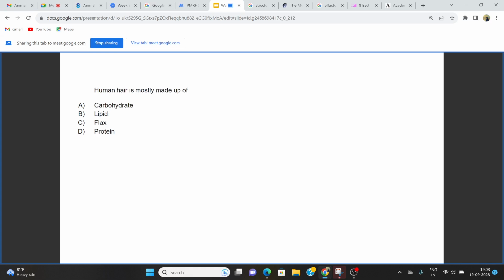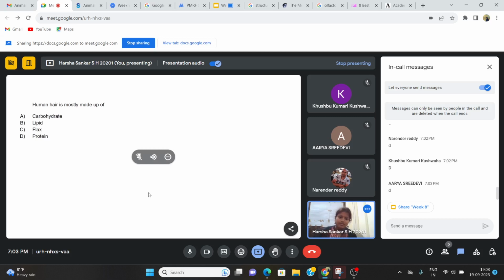Human hair is mostly made up of carbohydrate, lipid, flax, protein. Everyone is saying option D. Yeah, option D is the correct answer. What is that protein called? Keratin.